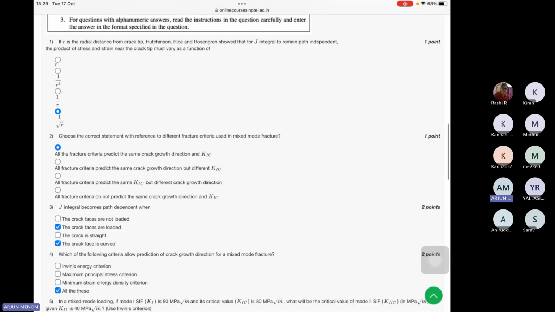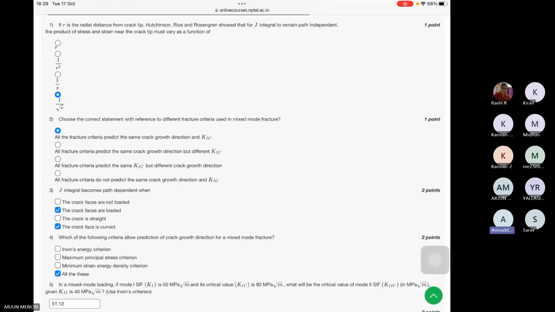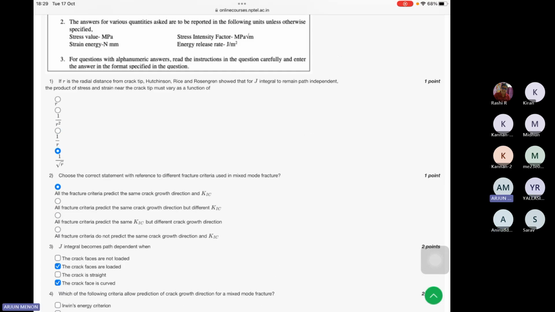For the second question, I have one clue. If we refer to one of Sir's videos, he has mentioned the values of these in a summary. Based on that, the values won't match exactly. There are two theories: maximum tangential stress and strain energy density criterion.